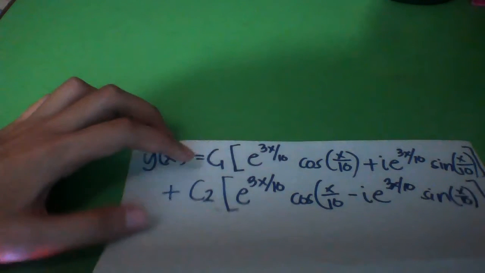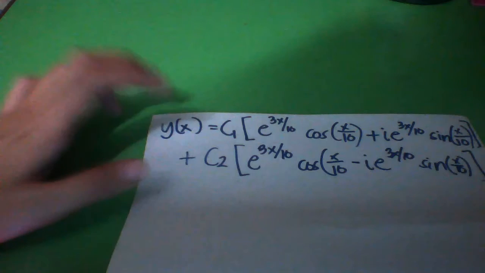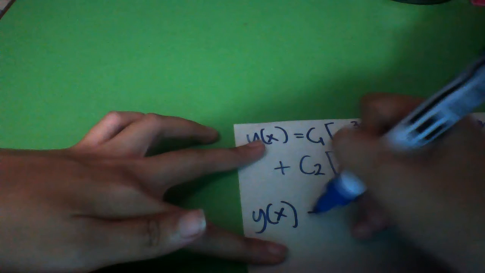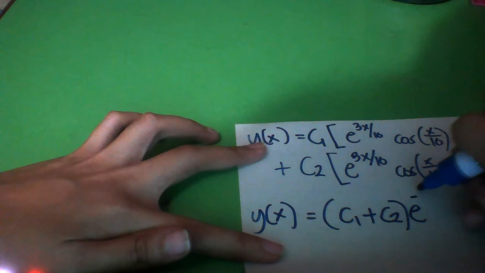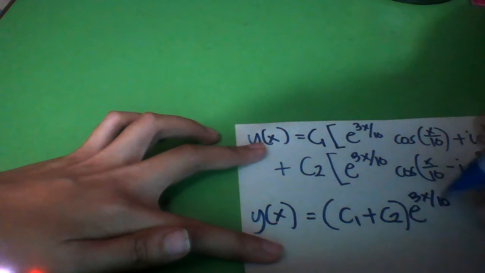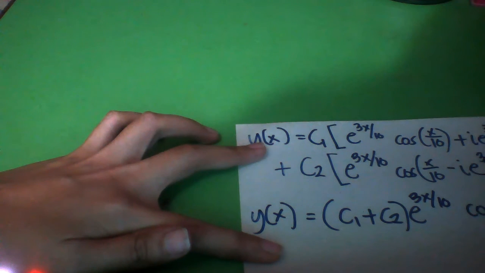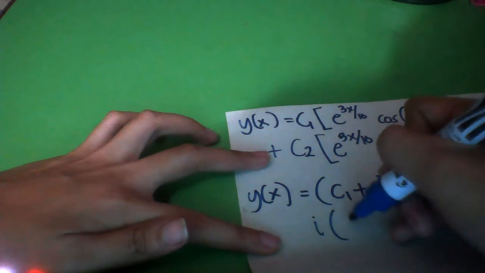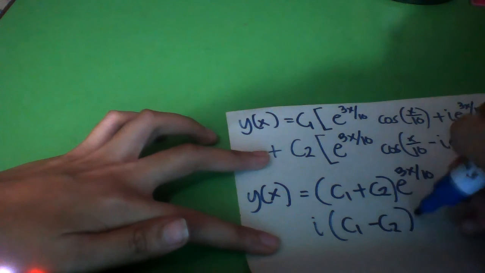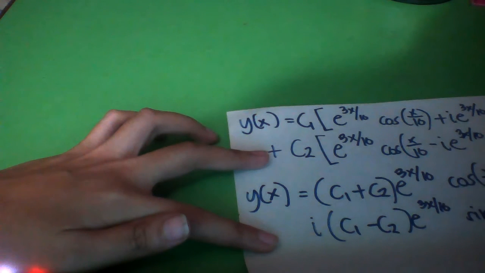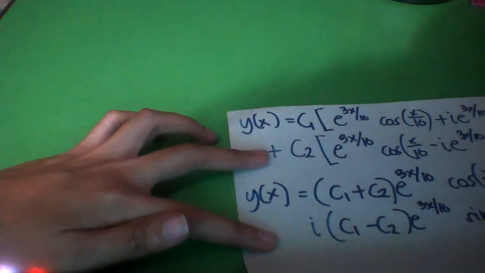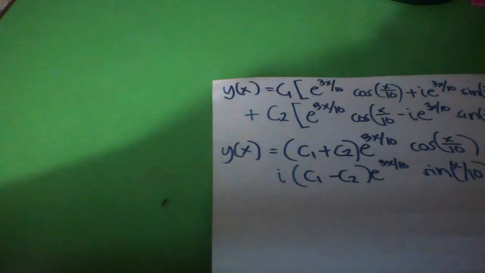close bracket. Then regroup terms, so this will become y of x is equal to (c1 plus c2) times e raised to 3x over 10 cosine x over 10 plus i times (c1 minus c2) times e raised to the 3x over 10 sine x over 10. Then redefine.